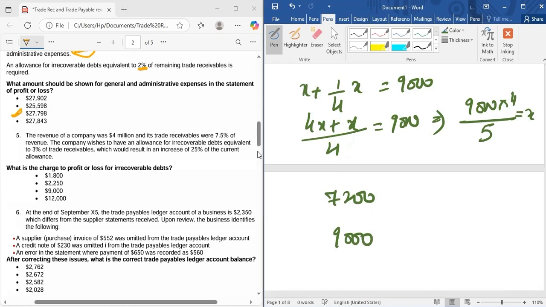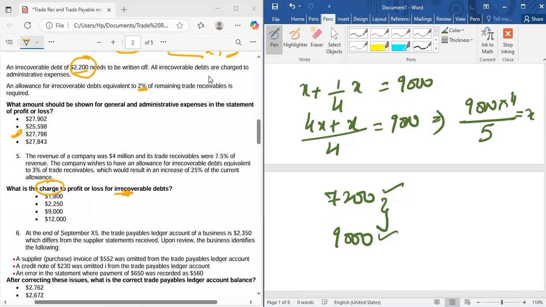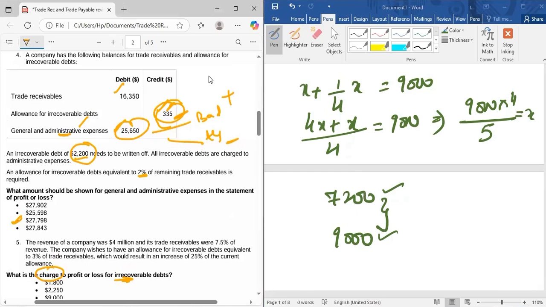What is the charge to profit or loss for irrecoverable debts? They are asking us the increase. So our initial allowance was 7,200, and it has increased to 9,000. So take the movement, and only its movement will go to profit and loss, like we did in the question above. In that question we just took the movement. We did not take the 2% which was coming, I guess around 283 something.